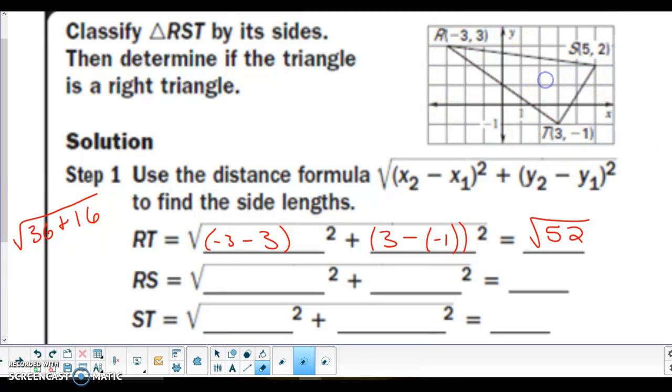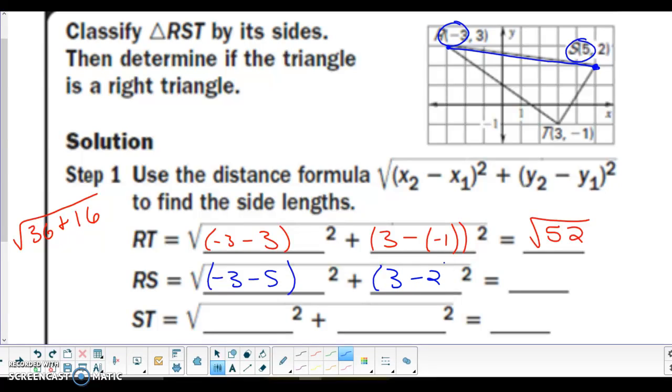So segment RS is from here to here. So we go -3 minus 5 squared plus 3 minus 2 squared, that is y minus y.